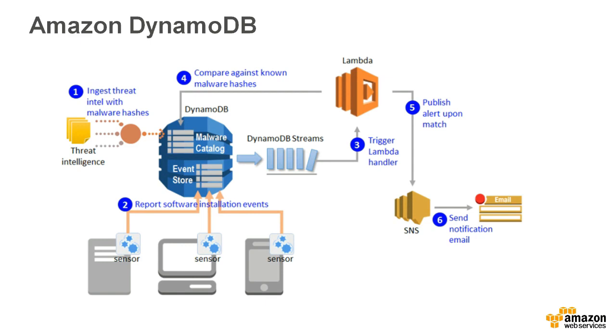Then Lambda compares a new hash against known malware hashes, and when it matches, it publishes an alert using SNS and sends notifications, email, mobile, web app notification, any kind of notification to the assigned responsible authorities. This way you can manage software. For example, this is a use case for an antivirus firm that can recognize a new kind of virus or malware.